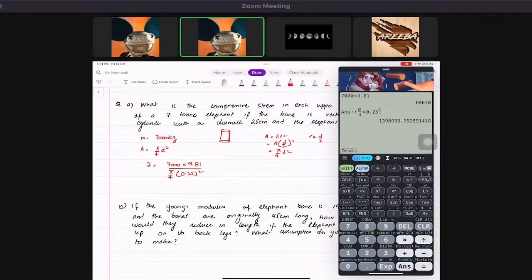Oh, so Varisha, this is 1.456 times 10 raised to 6 pascals. That should be the answer.